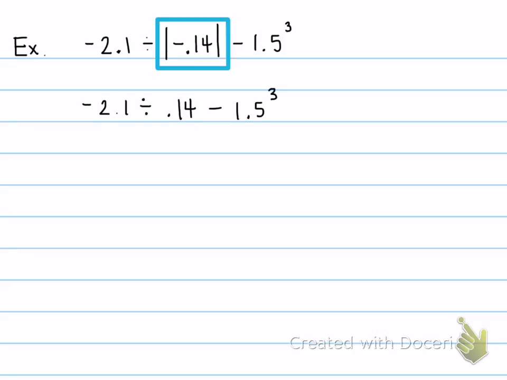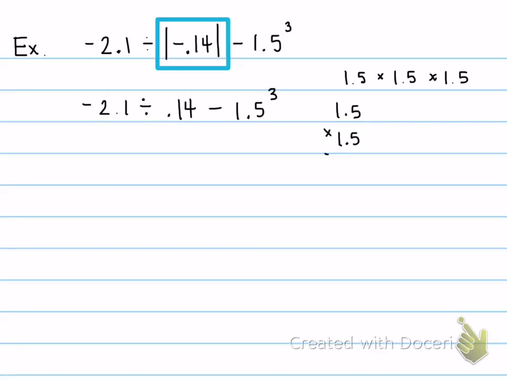There's no more grouping symbols, so I'm searching for exponents now, and I do have this exponent. I have 1.5 cubed. So that means I'm going to be taking 1.5 times 1.5 times 1.5. Now I need you to think about this because we should be able to do this pretty quick. If I have 1.5 times 1.5, I am taking 15 times 15.